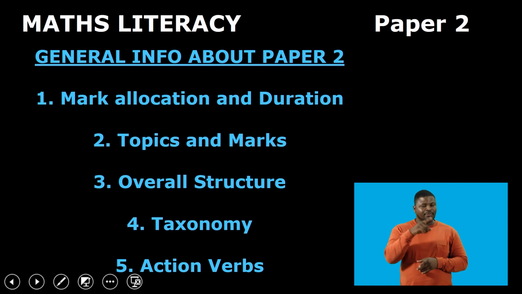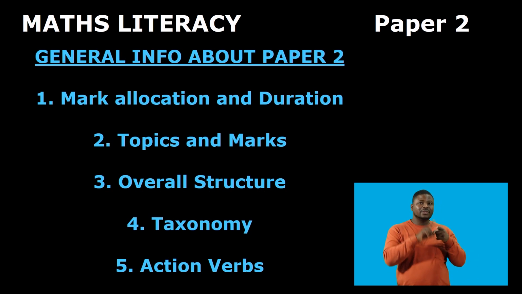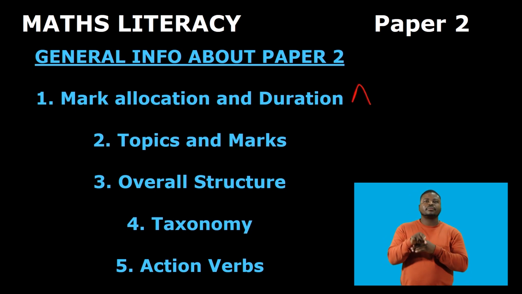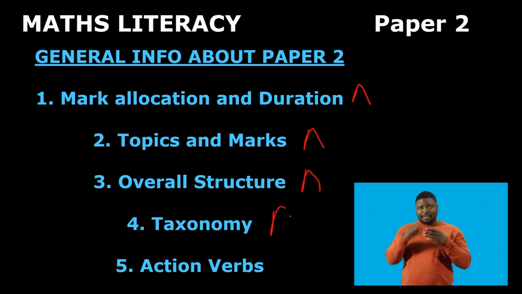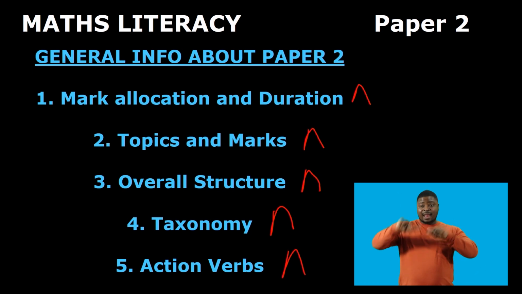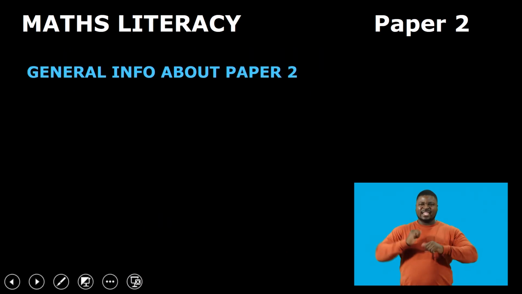If we look at the general info of Paper 2, the following will be discussed: your mark allocation and duration, topics and marks, overall structure, taxonomy, and the action verbs. Now, the general information about Paper 2.